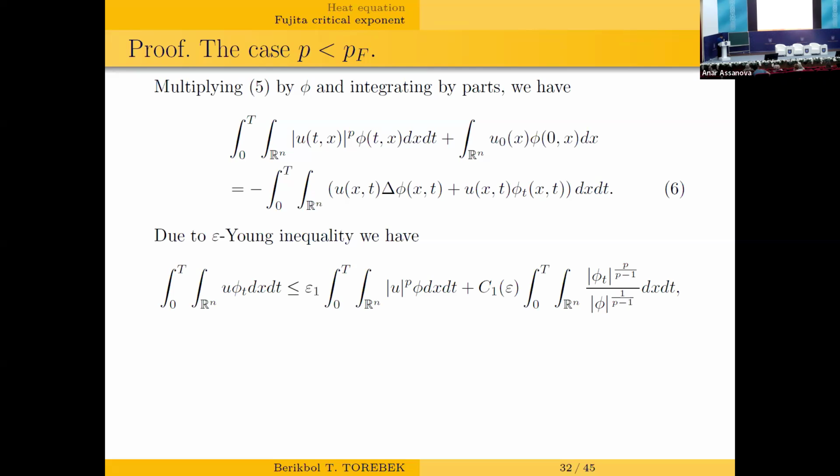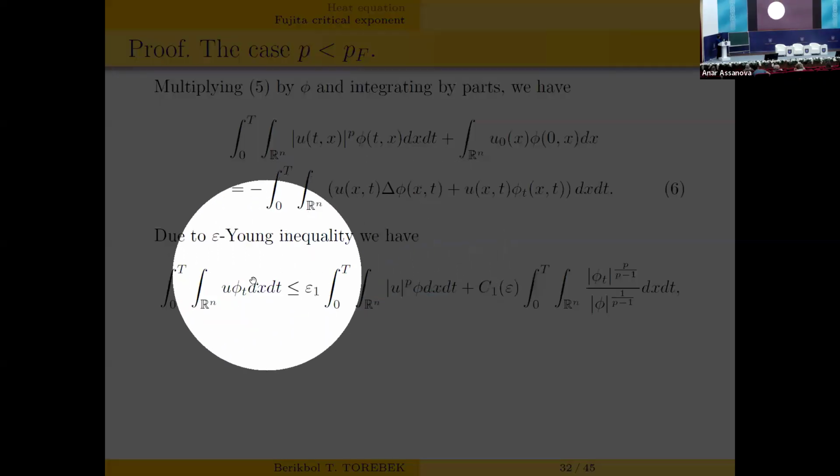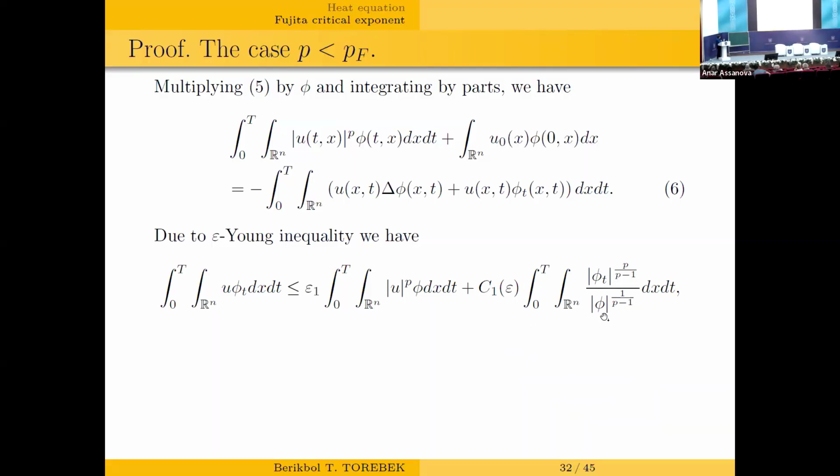Now we are trying to estimate the right-hand side of the identity 6. And the second term, we can estimate by this inequality using the Young inequality. Okay, here maybe I will write in more detail on the blackboard. Board one.